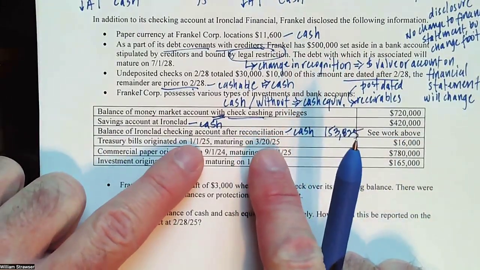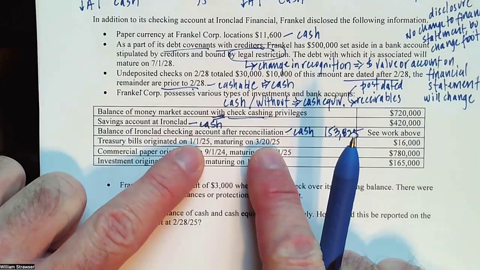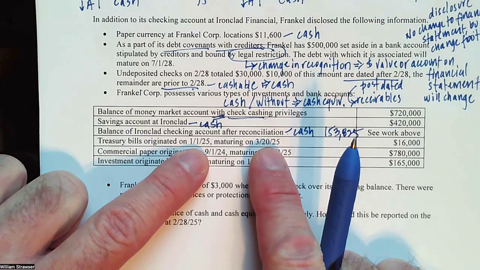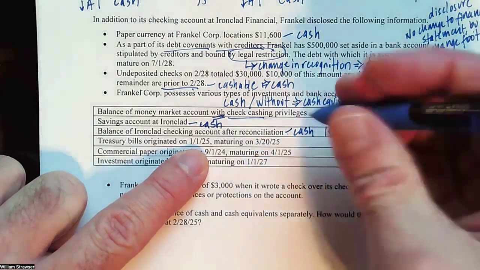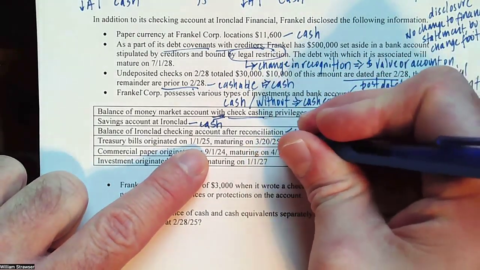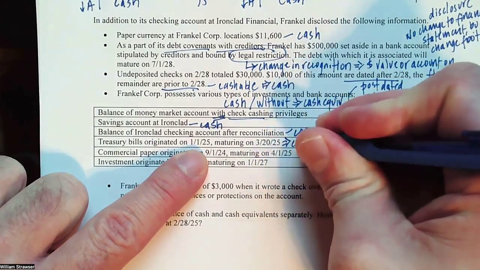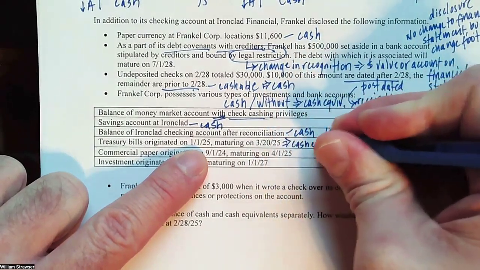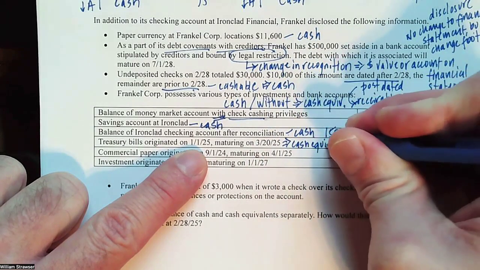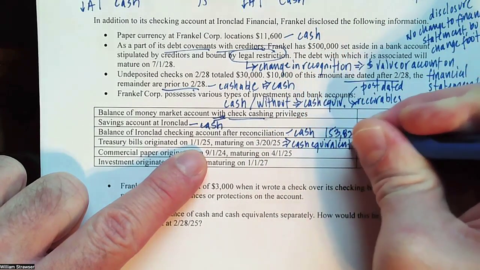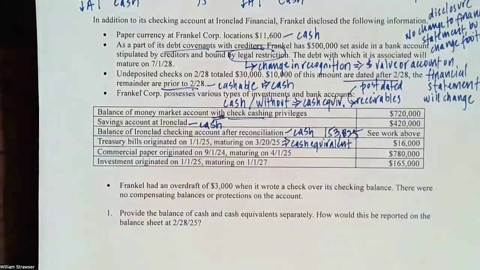So I'm looking at the time interval between these two dates. If this is less than 4 months, then this is a cash equivalent, not a short-term investment. The idea is that it is so close to maturation that there is little interest rate risk. So we can record it as a cash equivalent.